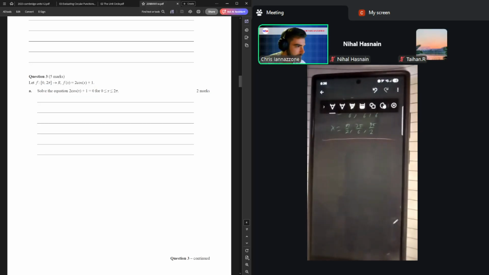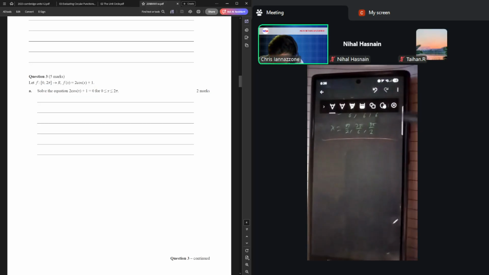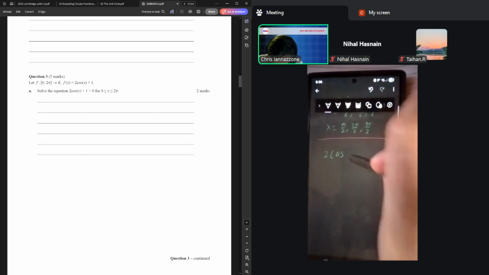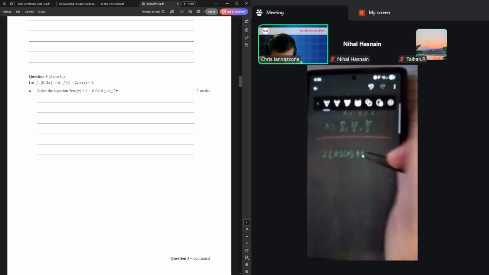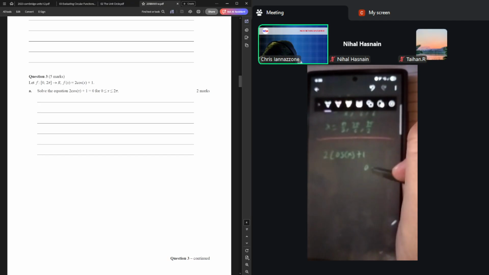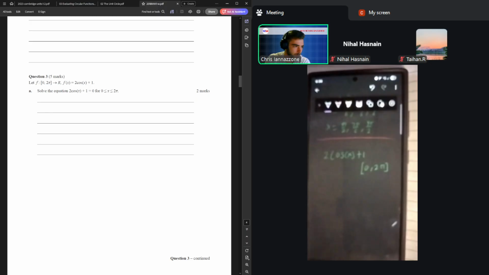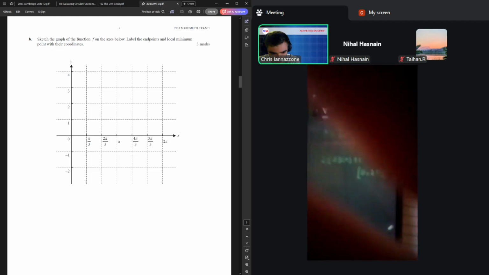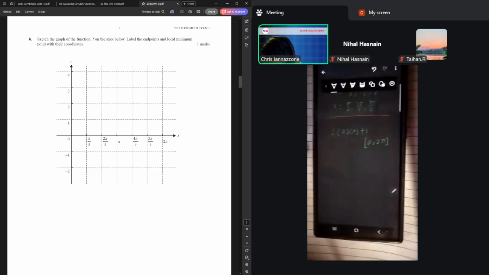So that's fine. So the graph we're going to be sketching is from an actual exam, so that's pretty cool. 2 cos x plus 1, and we're doing it from 0 to 2 pi. So one of the simplest kinds of things you can come across. We're given an axis as well, so let's go ahead and just get that scaling sorted as is.